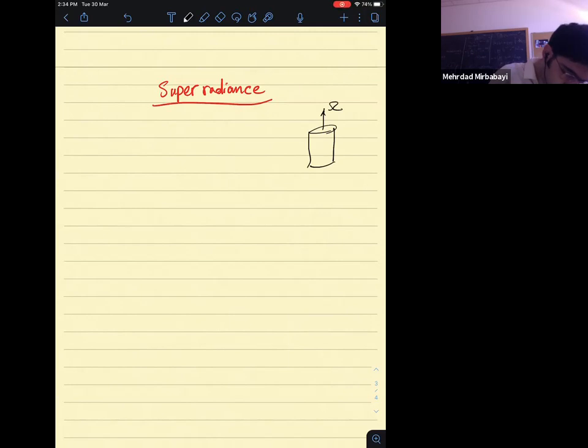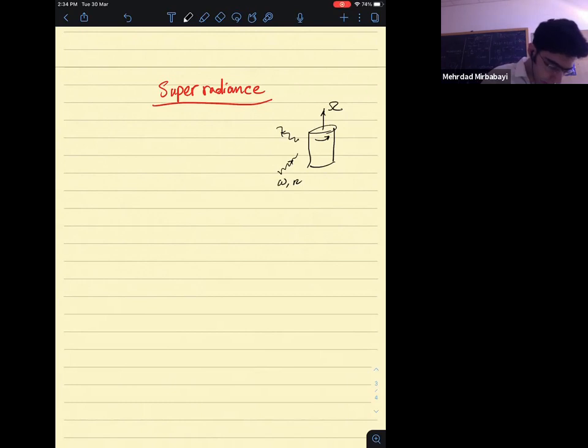So it has some rotation, and then we want to shine photons on this. So photons, say with frequency omega and angular momentum quantum number n.